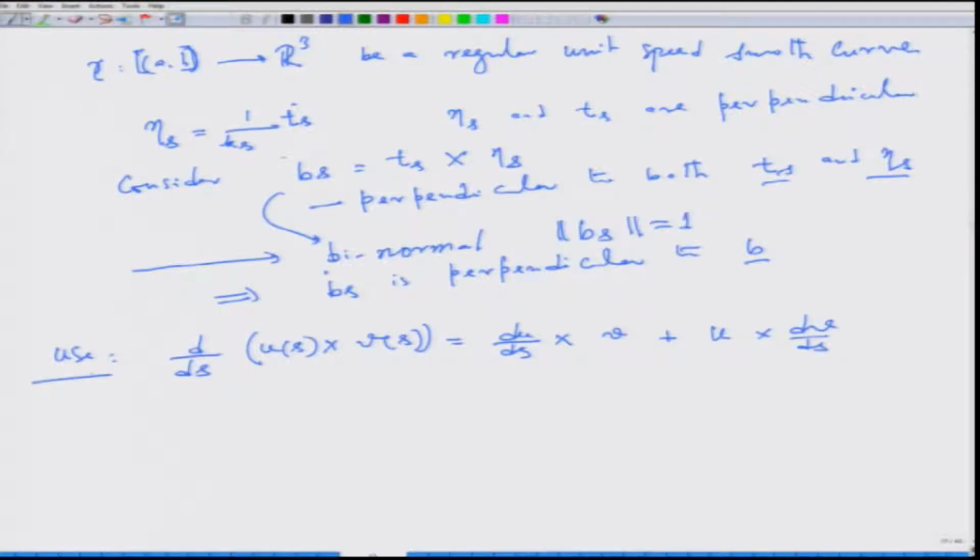So, use this: what I get is B dot equals, from this part, T dot, I am suppressing the s part, cross eta plus T cross eta dot. I use the previous formula, this is k eta, the sign curvature. Okay, let me put the s.